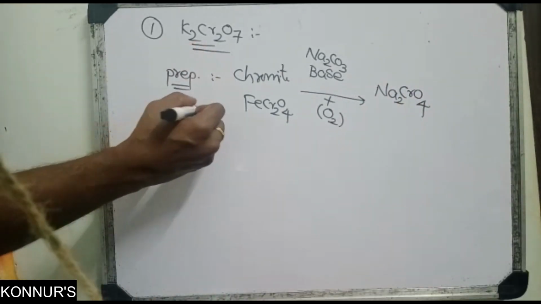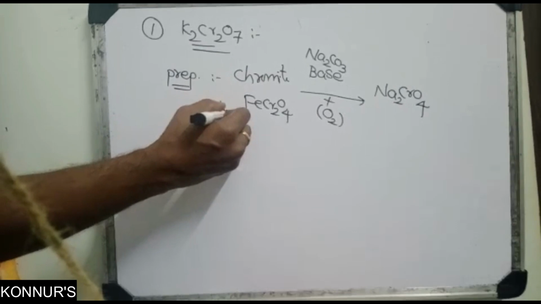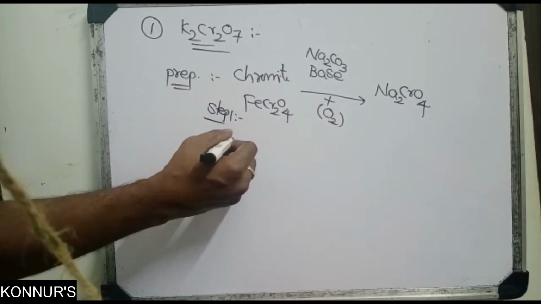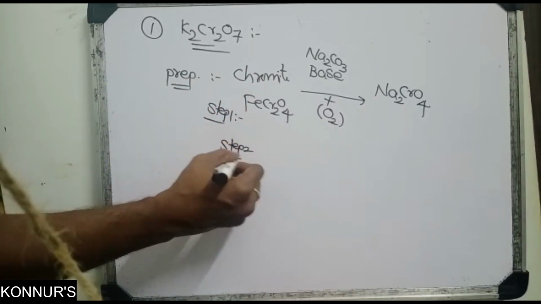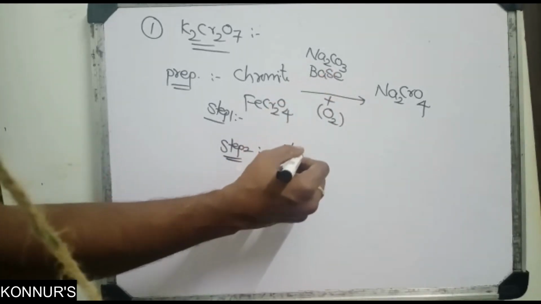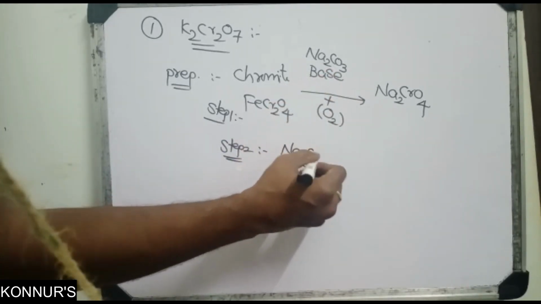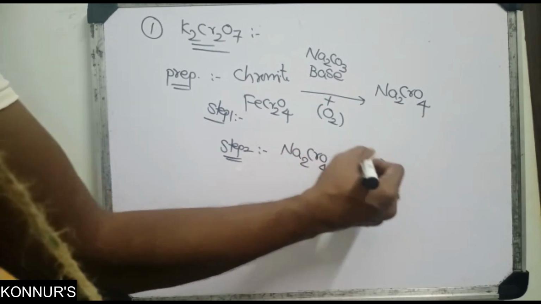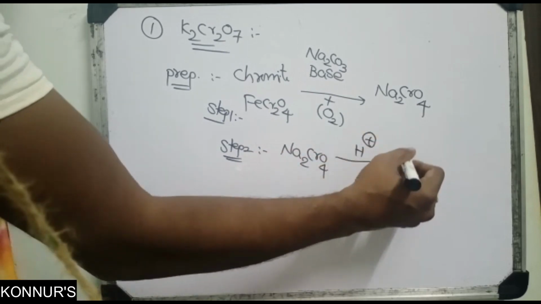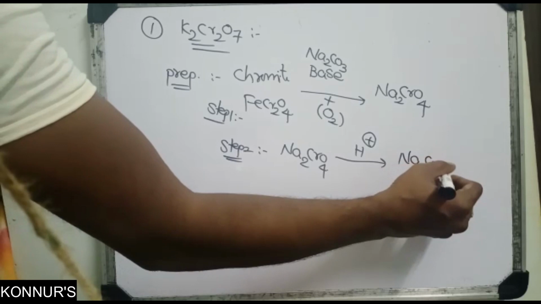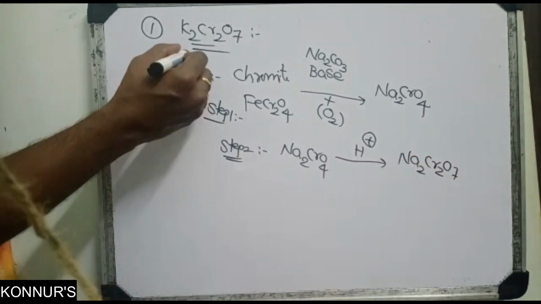So this is step 1. Next, step 2. Sodium chromate, Na2CrO4, is treated with acidic medium. So you are getting Na2Cr2O7.